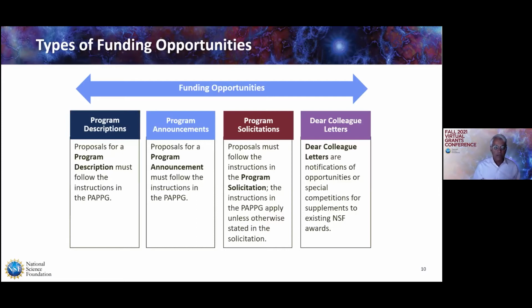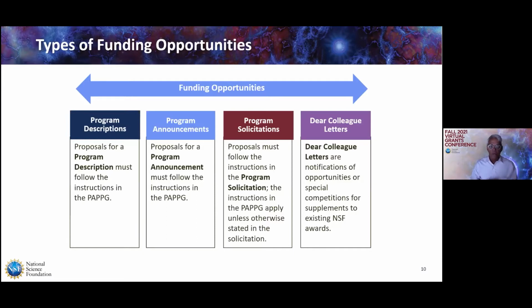If you've submitted to NSF in the past, more than likely you've responded to a program solicitation. A program description is broader. Both program descriptions and program announcements are broader kinds of funding opportunities that essentially show the community, the field, a specific research area, and say NSF is interested in seeing proposals in that research area.